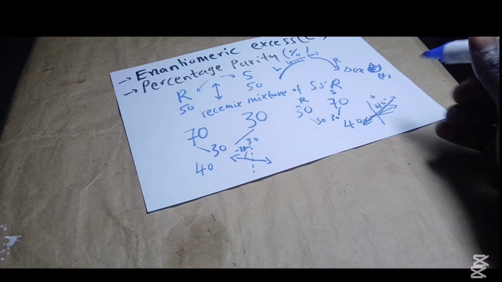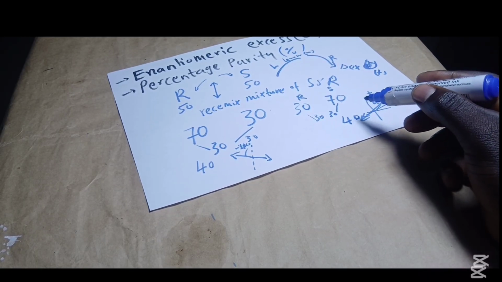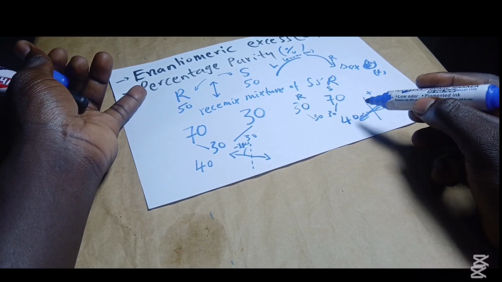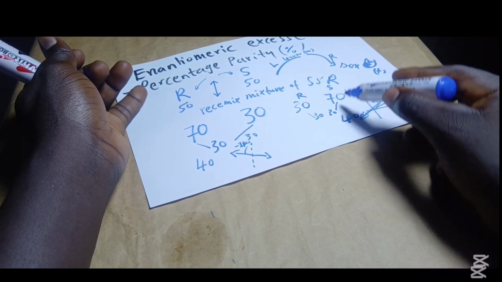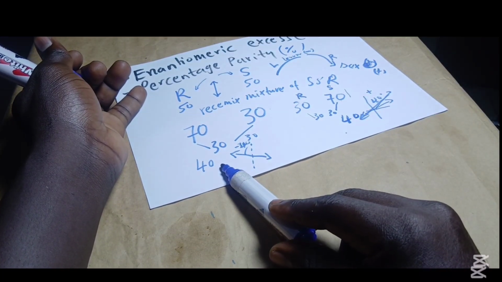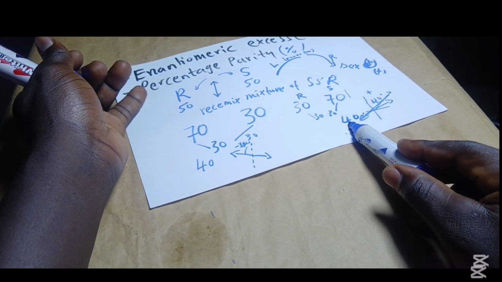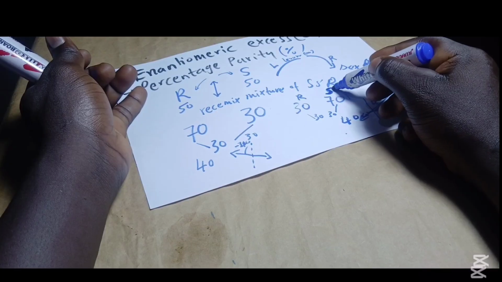So now, after forming the racemic mixture, what is left is the enantiomeric excess. Here, the enantiomeric excess is 40%, favoring the R. And here, the enantiomeric excess is 40%, favoring the S, because S dominated here.